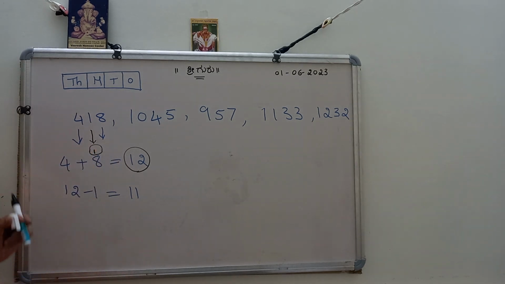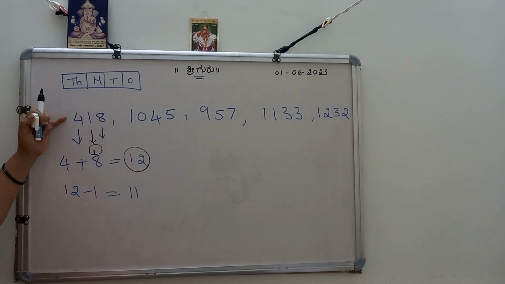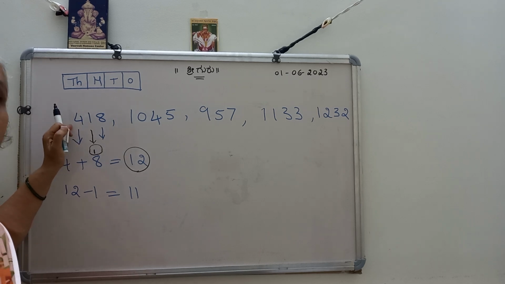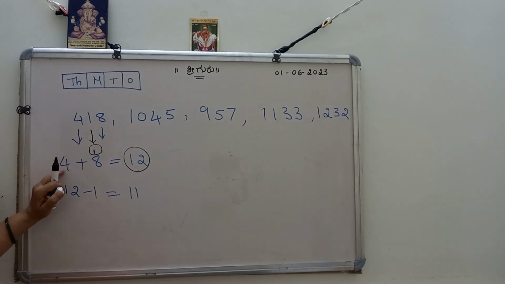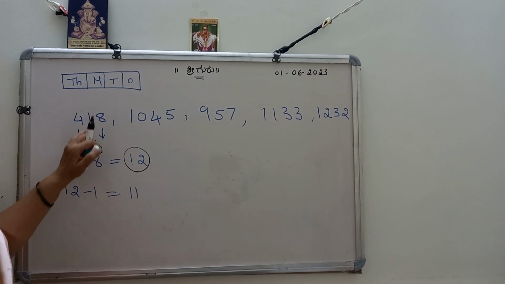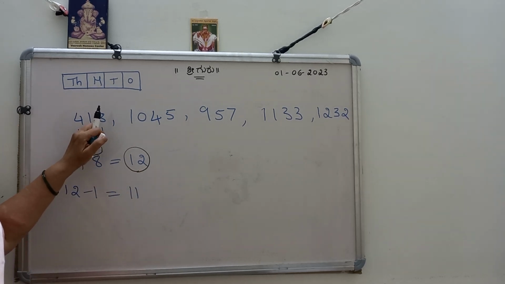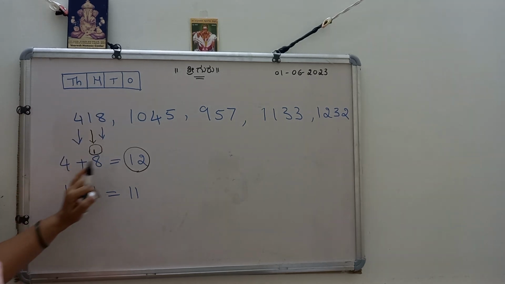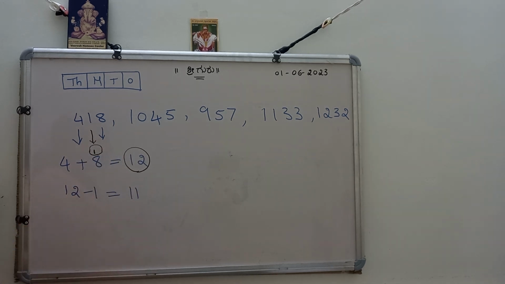In number 418, we considered digits in first and the third place, that is odd places, 4 and 8. Find the sum. We get 12. And the digit in the even place is 1. Take the difference of these two. 12 minus 1, we get 11.